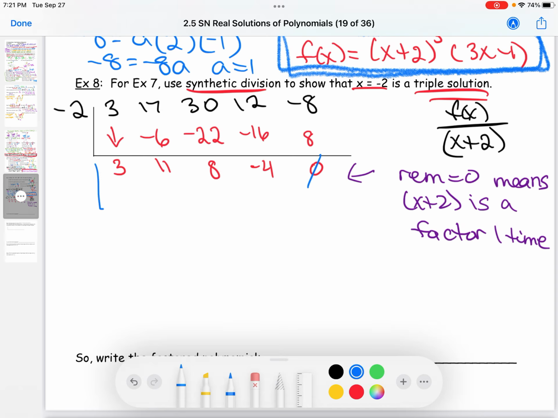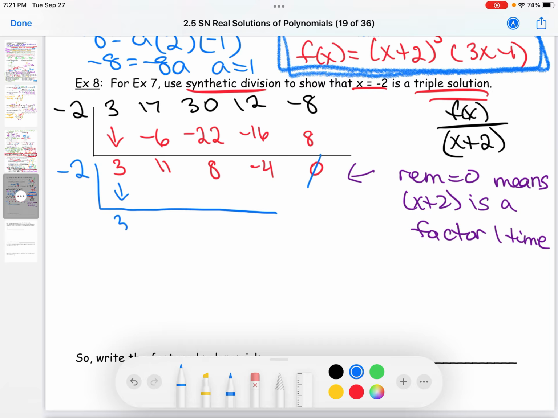Now, we're going to do this again. We're going to disregard the 0 and we're going to divide out again. Okay, that remainder was 0. It does not affect the problem. We basically got a whole number, a whole polynomial for the answer. So we can divide it out again.